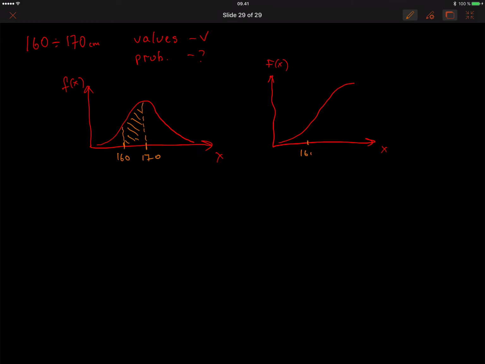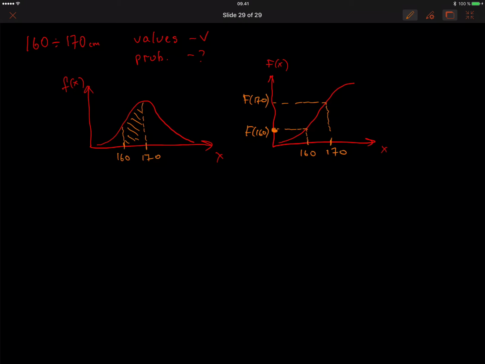So this is 160, this is 170. First of all, you need to find the probability for 160. It's this one, so it's F of 160. Then you need to find the probability for 170. It's this one. What does probability mean?